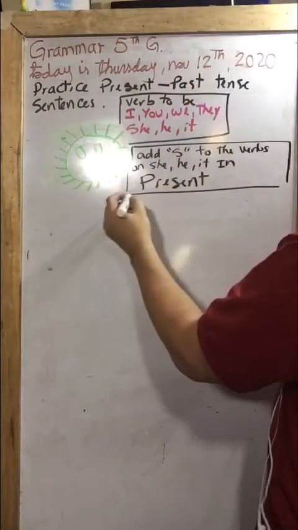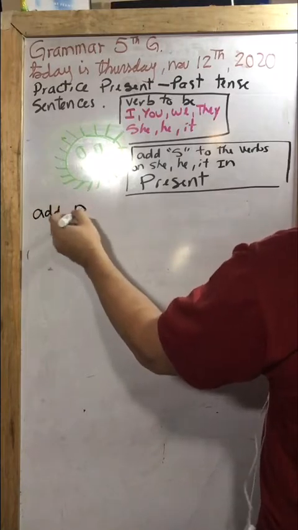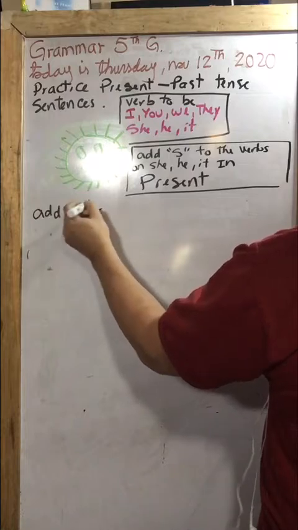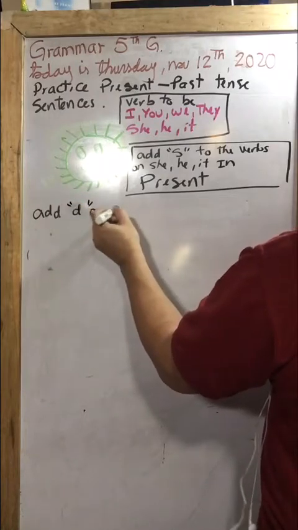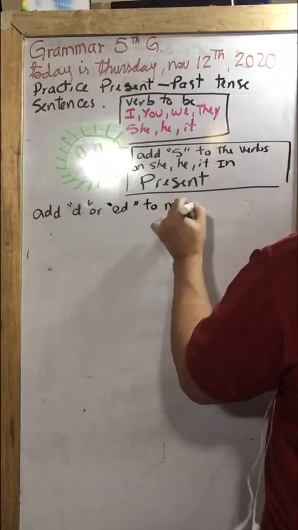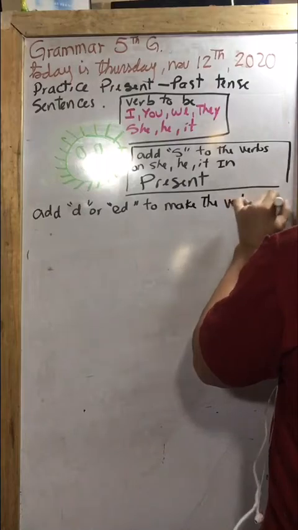And the last rule: add the or ed to make the verb past.